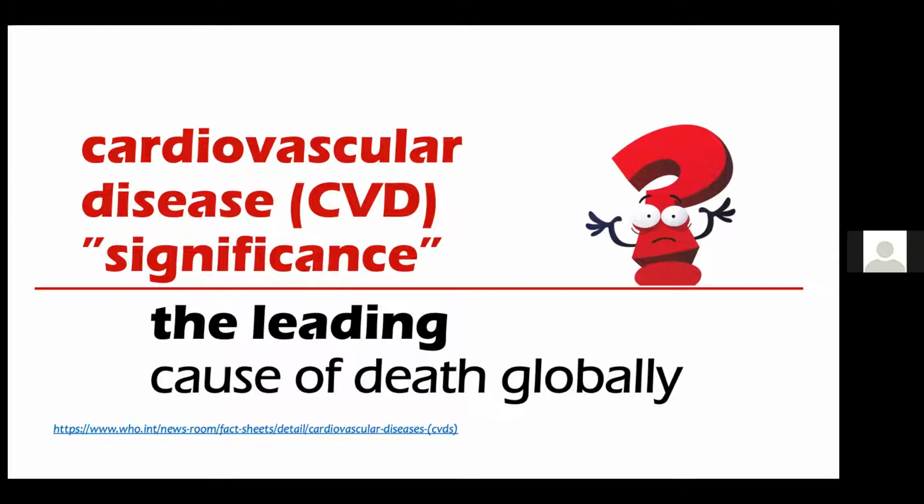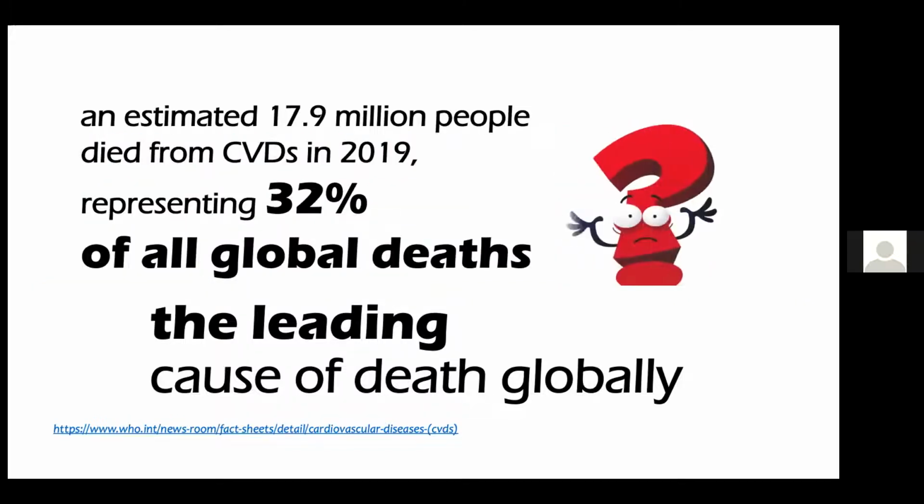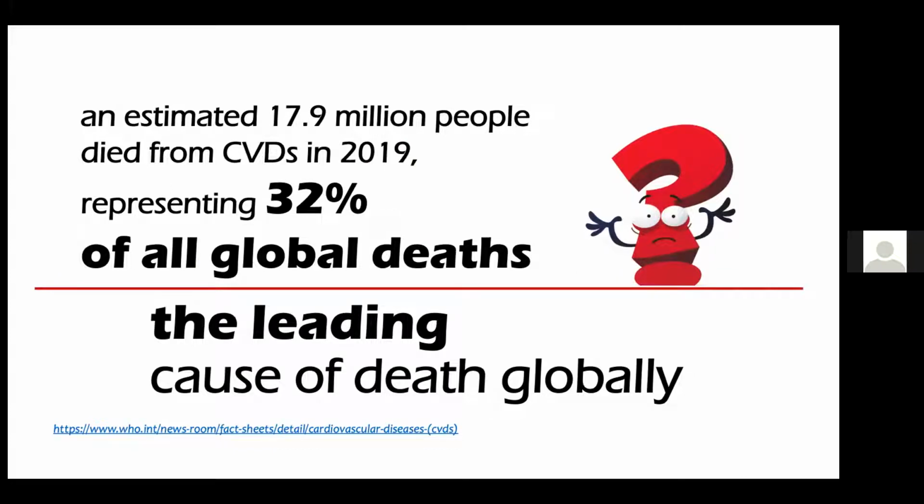We know that we need to do our best when we deal with an HIV patient or TB patient, but let us not forget that cardiovascular disease kills 10 times, no, even 17 times more people than HIV when you check the statistics. And this is basically 1 in 3 people that die in the world, or that died in 2019, died because of a cardiovascular disease.